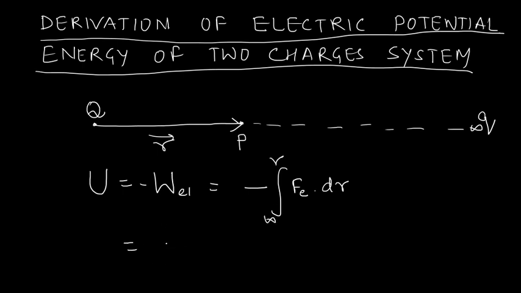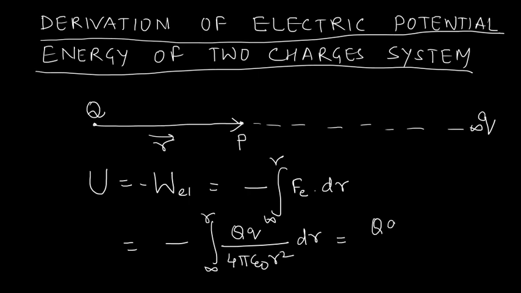If we put the value of the electric force, that is the Coulomb force, between the charges, we can write it as Qq upon 4 pi epsilon naught r square into dr. And Qq upon 4 pi epsilon naught is considered a constant, so we have to integrate 1 upon r square in terms of dr.